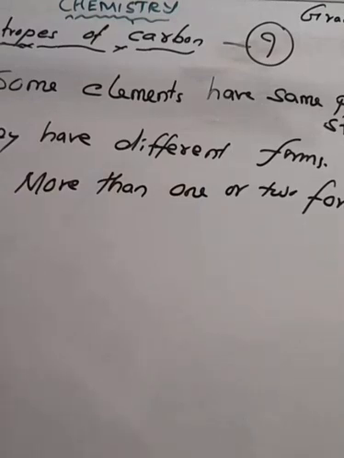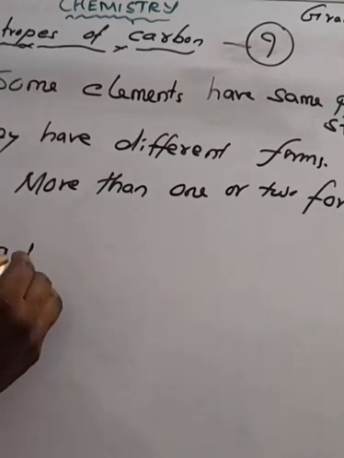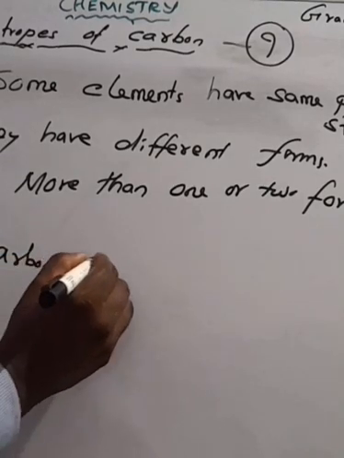That means more than one form, or two forms, or three forms, or five forms, like that. Some elements exist in different forms. For example, carbon exists in many different allotropic forms.